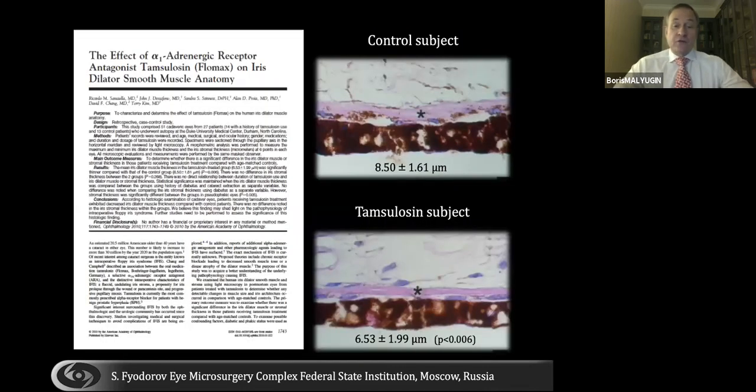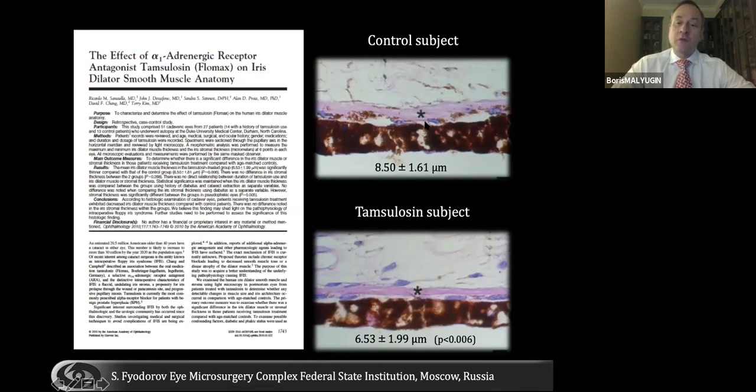The reason for that syndrome is the use of antagonists of alpha-1 adrenergic receptors, such as tamsulosin or Flomax, that change the dilator smooth muscle anatomy, as shown here.